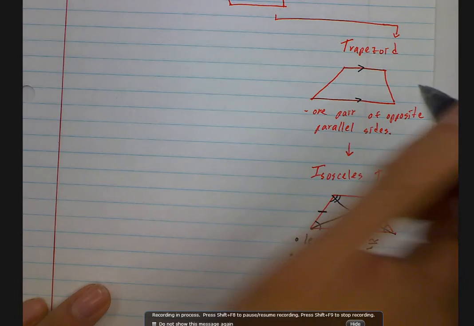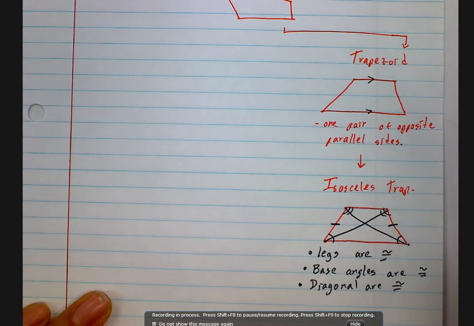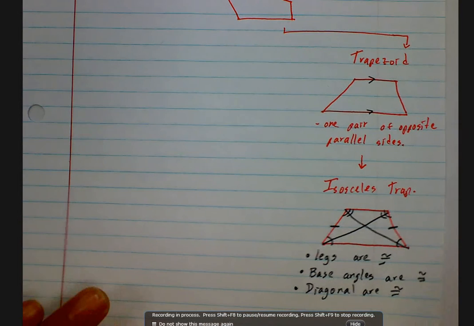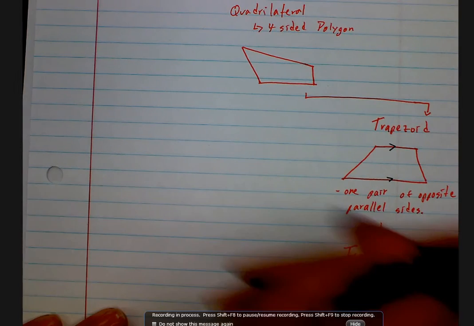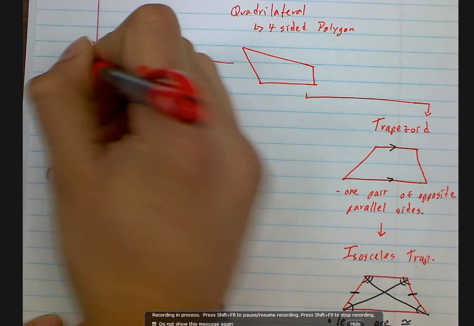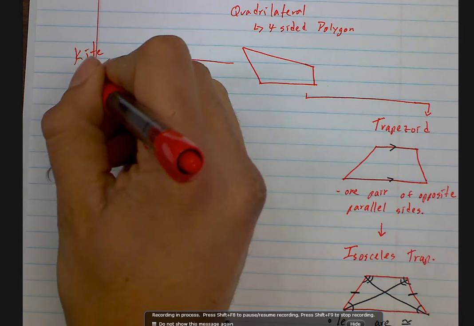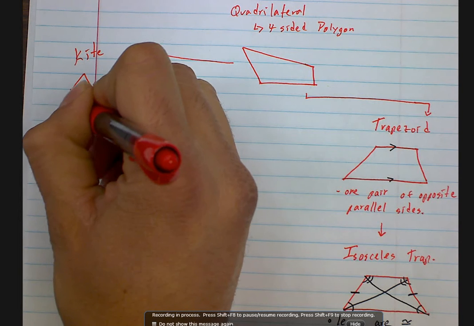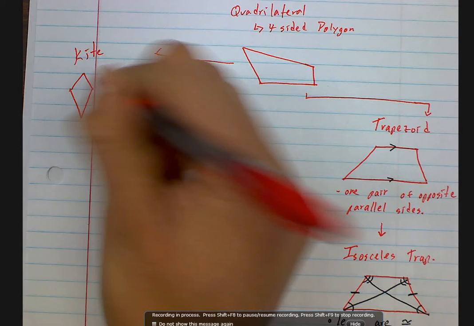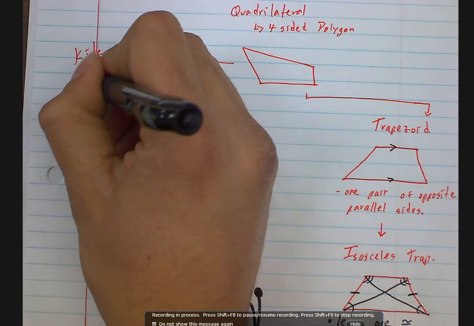Then from quadrilaterals, we have another subcategory, which is a kite. A kite is pretty much on its own. A kite looks like this. In a kite, you know that those two are congruent.